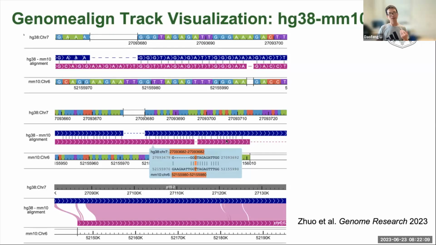If you continue to zoom out, we don't have enough space to render more detailed information, so we just use blocks to represent the syntenic blocks from mouse and human, and connect them with Bezier curves in the browser.